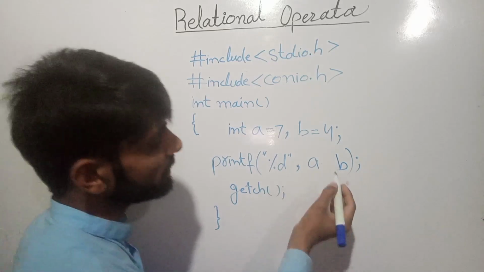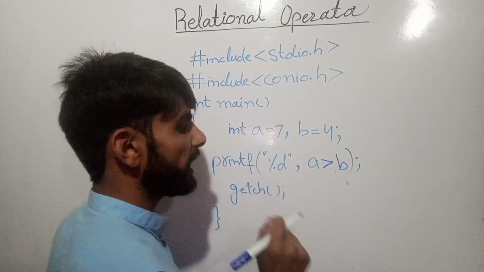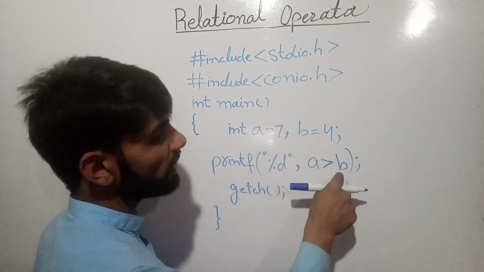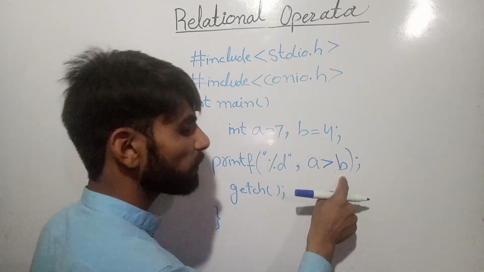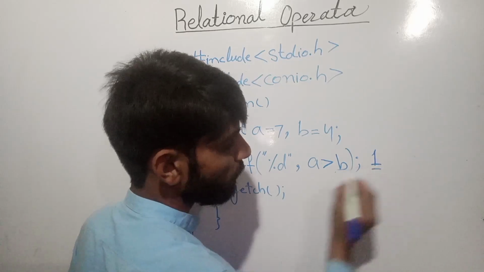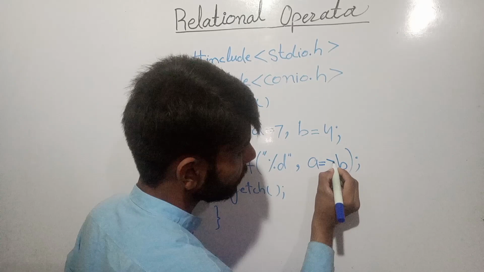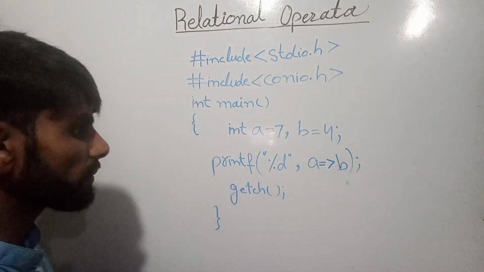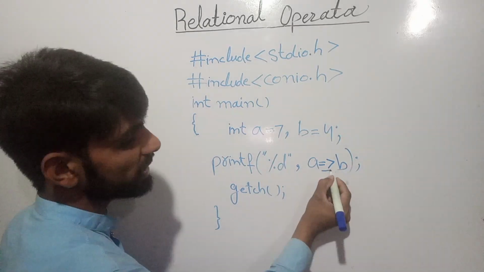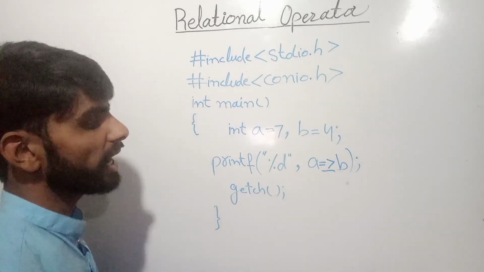If I write a greater than b, in this case the condition is true, because a is 7 and b is 4. 7 greater than 4 means the condition is true. In this case we will get output 1. So if I use the equal or greater than operator, this operator has two conditions.